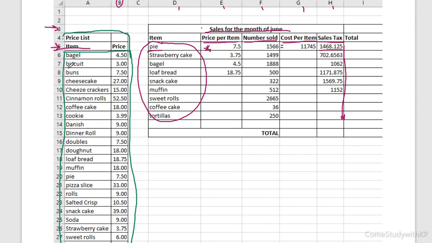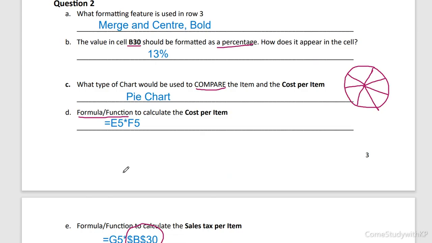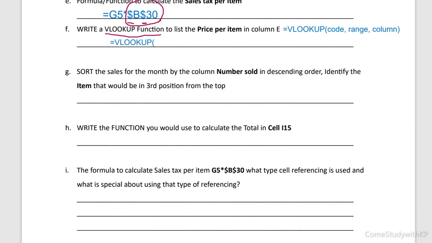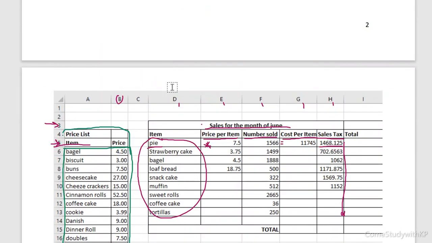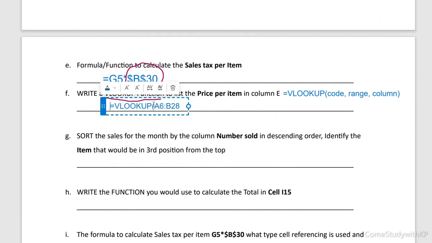We're going to go from A6 to B28. Not sure why it's not keeping the value here. So we're looking for D5, and we're looking in the range A6 to B28.